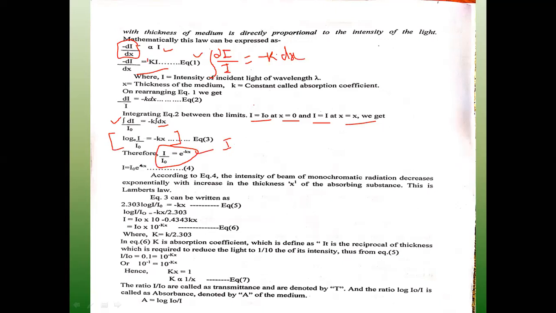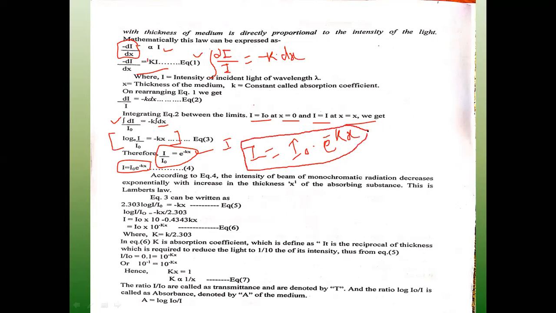Okay, and then finally we can write this as I is equal to I0 into e to the power minus kx, where k is the absorption coefficient and x is the thickness. So this is the final equation here.